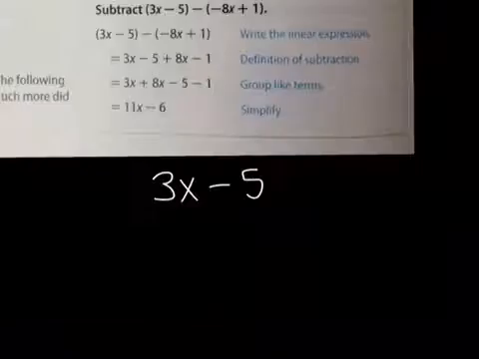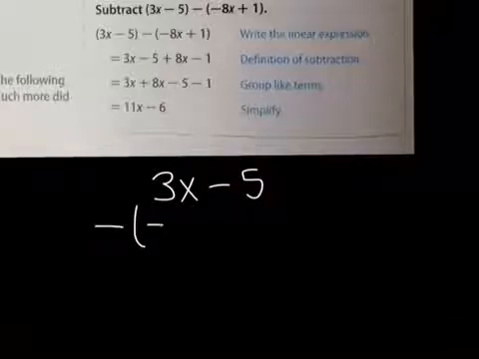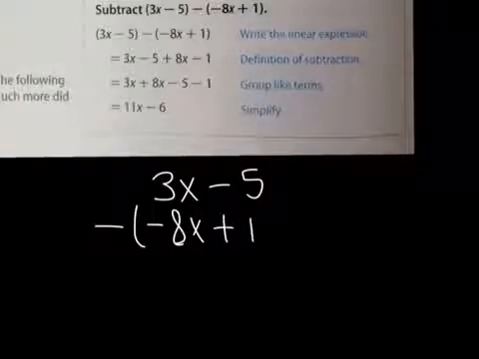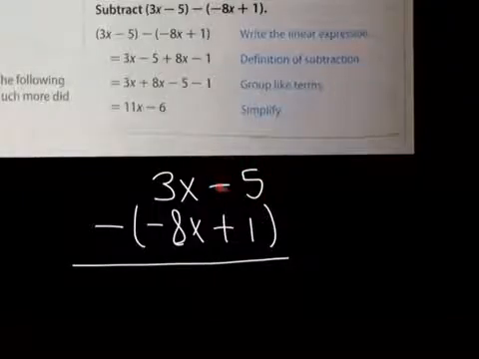Another way to do it would be to write it vertically. So I wrote my 3x minus 5 right there, and below it I'm going to write minus, in parentheses, -8x plus 1. Okay, a positive 1. So what happens here? I'm going to have a -5, and I'm going to take away 1.